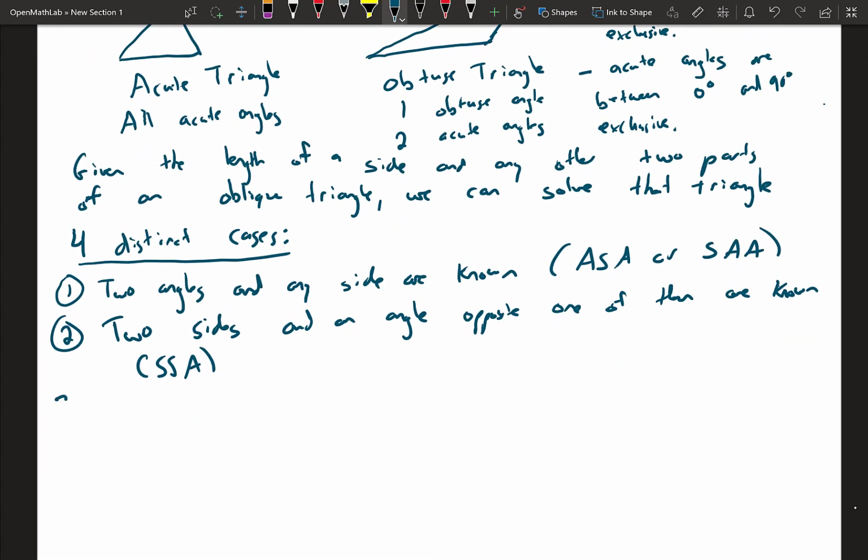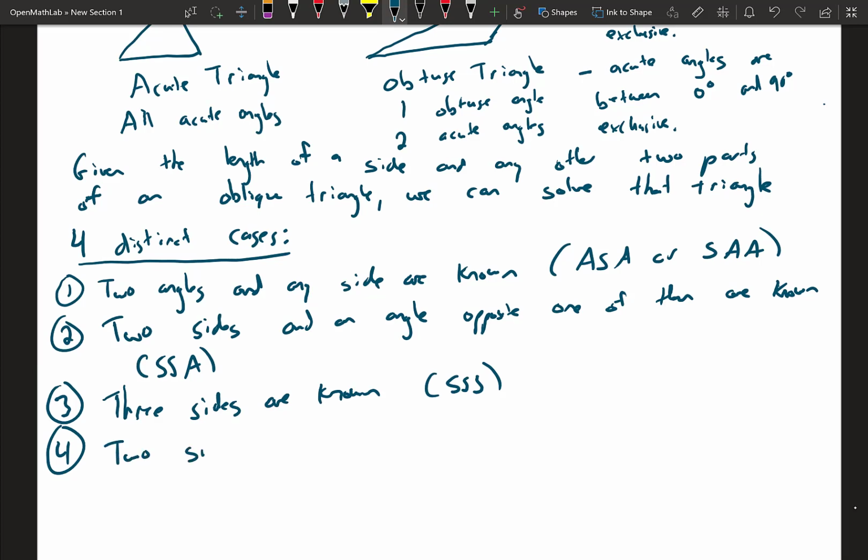The third is that three sides are known. We refer to that as side, side, side. And the fourth scenario is when two sides and the angle between them are known. That's referred to as side angle side.